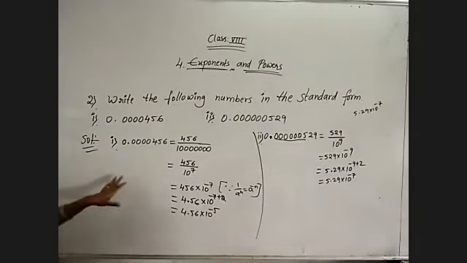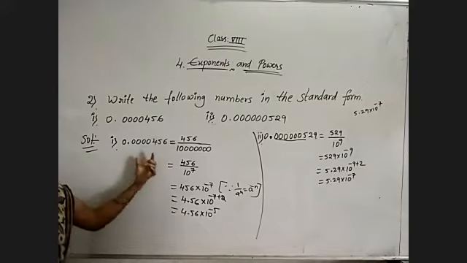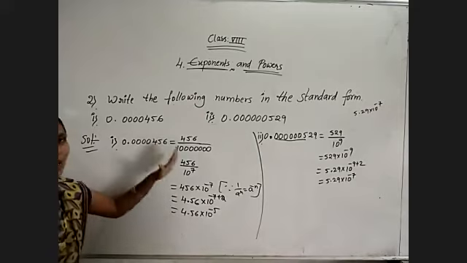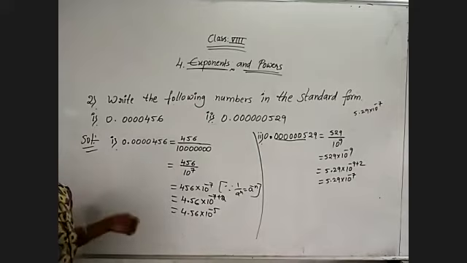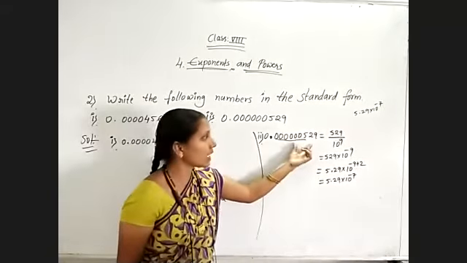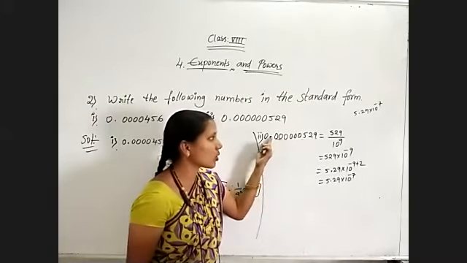I hope you understood. Once again, observe the question carefully. Whatever I am doing, no need to copy from this. Just listen carefully and try yourself, then it will be easy for you. Observe once again: 529 by 10 power 9, as there are 9 decimal digits.